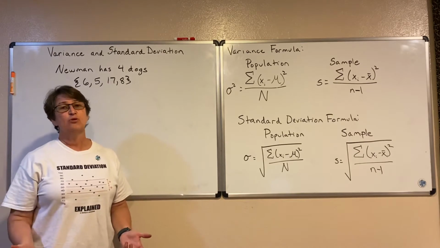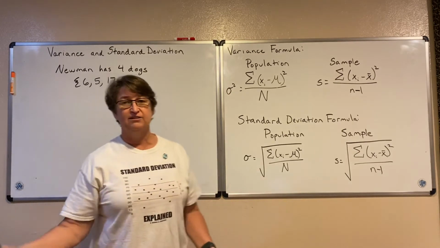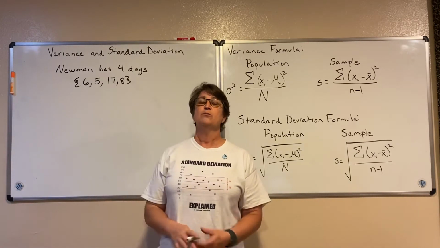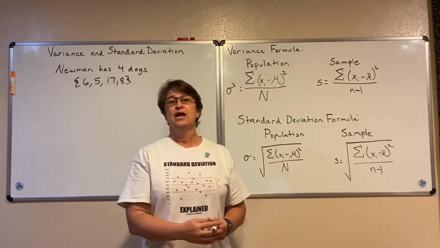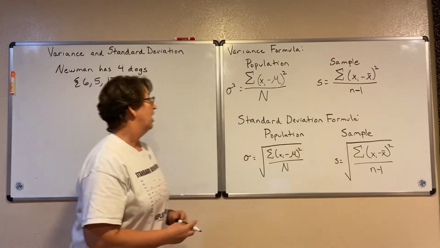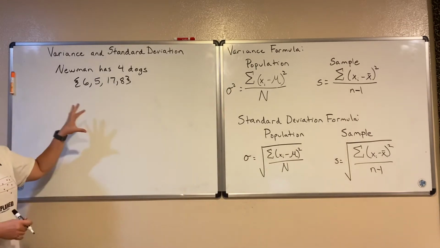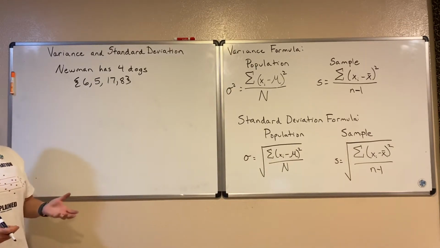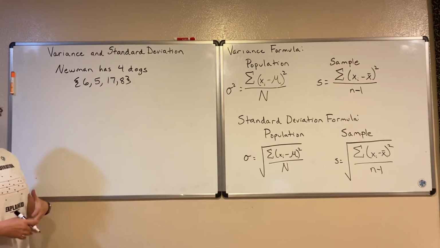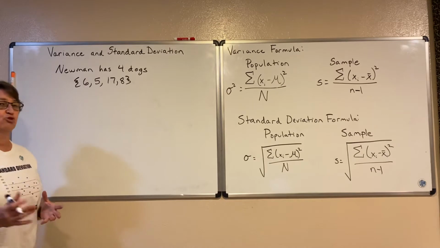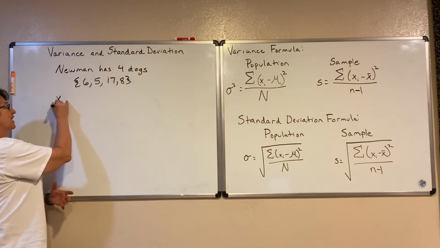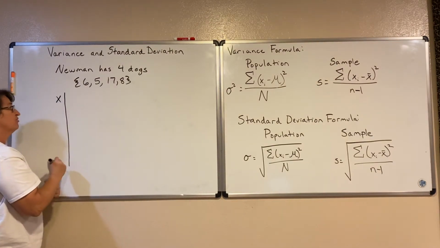Now, typically, we're working with larger data sets than what I'm going to do, but I'm going to simplify it, hopefully to help you understand it better, and also just to make it a little bit easier for us to see what we're doing. Okay, I'm going to do the same thing that I did with the MAD, where I make myself a table to help me along the way. So I'm going to make a table of my values.